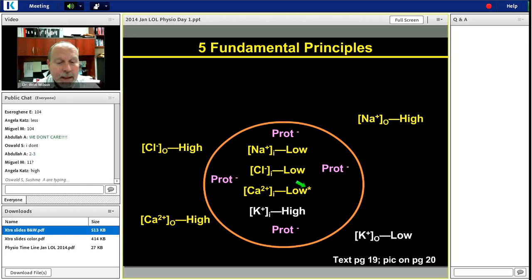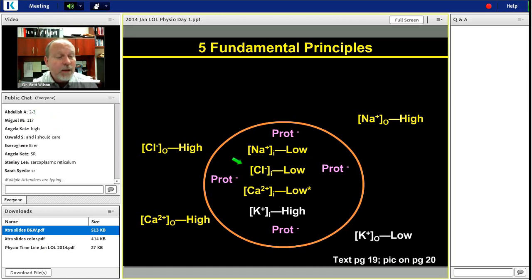Now, put a little asterisk here because what we're talking about is free cytosolic calcium. Free cytosolic is very low. Now, we do have pockets where we have a lot of calcium. What little organelle is that sitting in?